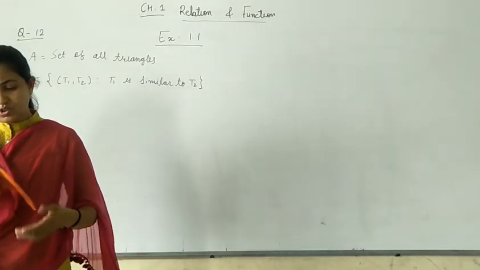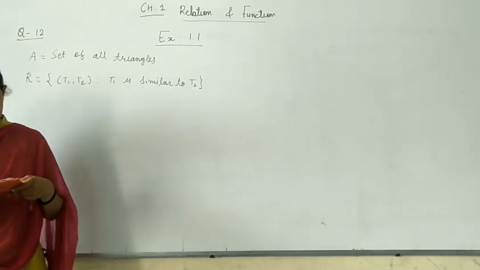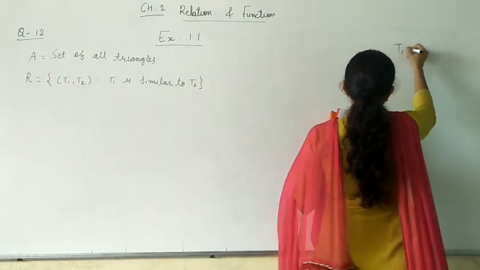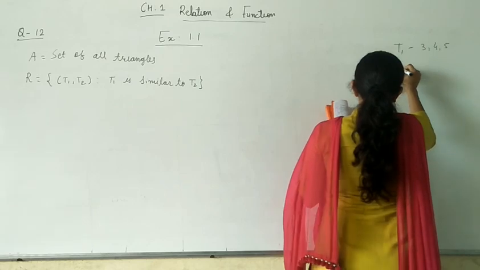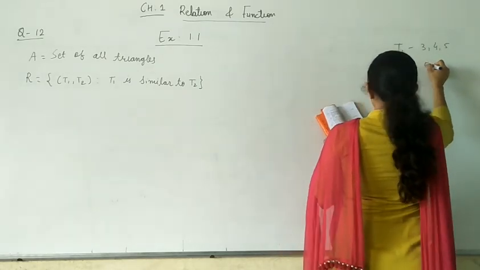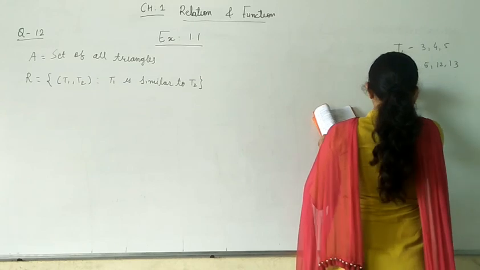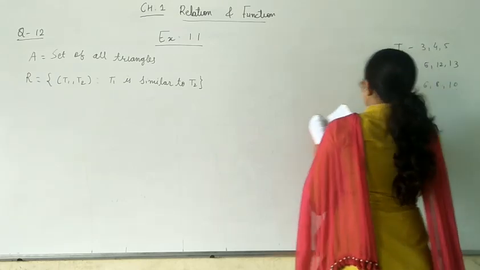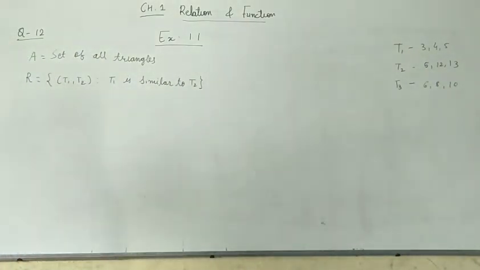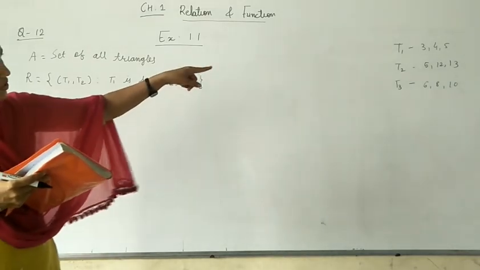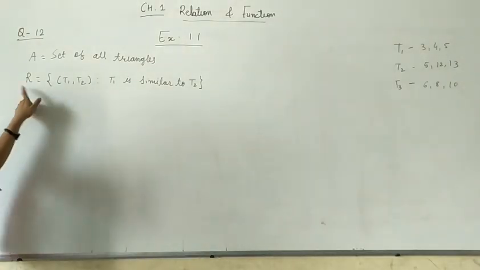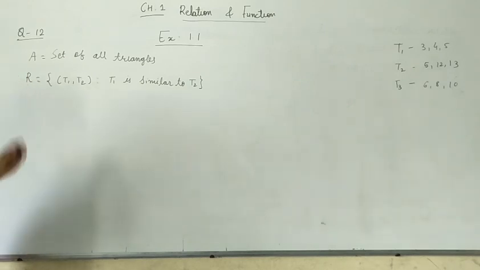Further, consider three right triangles: T1 with sides 3, 4, 5, T2 with sides 5, 12 and 13, and T3 with sides 6, 8 and 10. The question is which triangles among T1, T2 and T3 are related? That is the second question. The first question is to show that this is an equivalence relation.